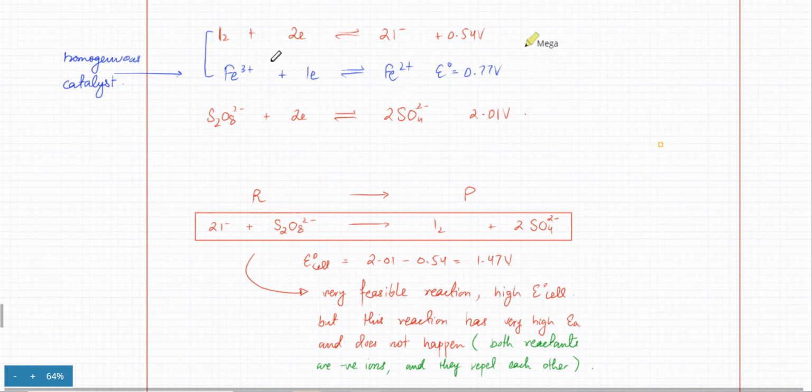Fe3 plus is the higher potential, so it's the one that's going to gain electrons. And iodine, relatively, is the lower potential, so it's going to lose electrons. So it's going to go in the backward direction.